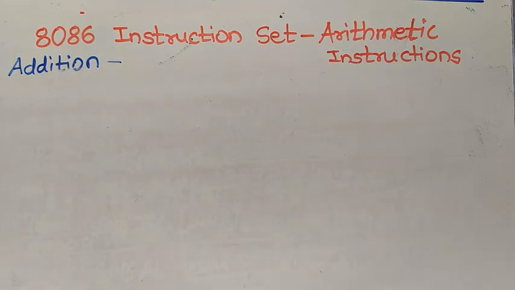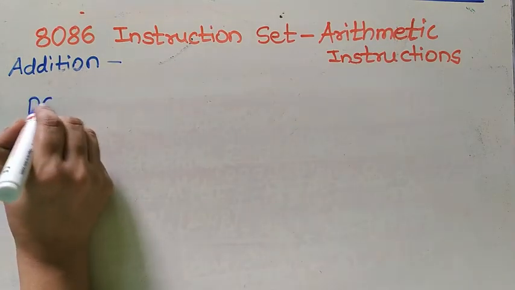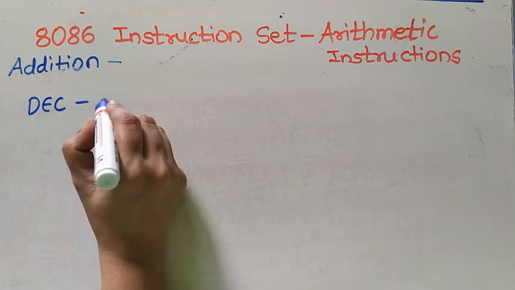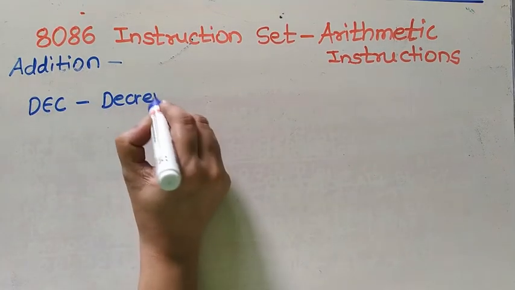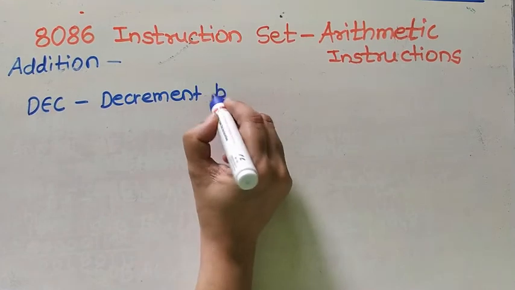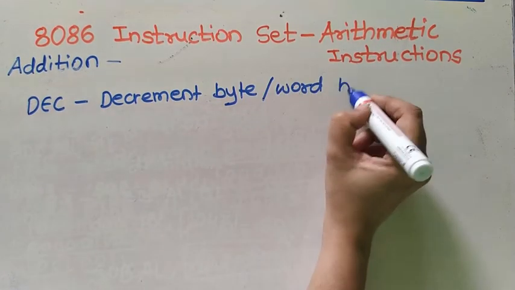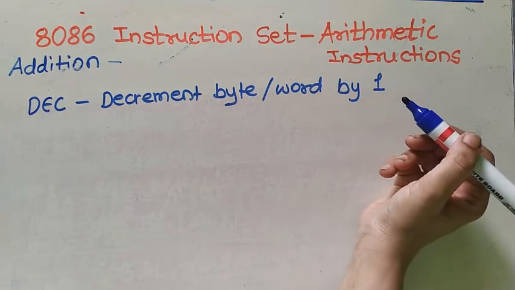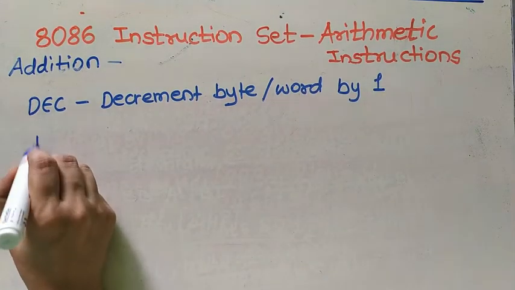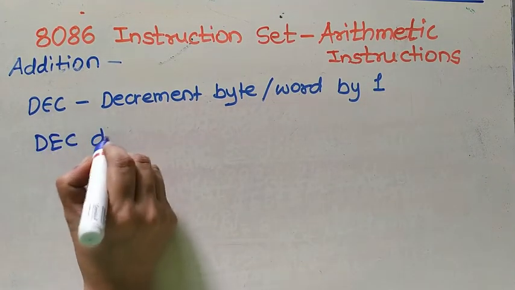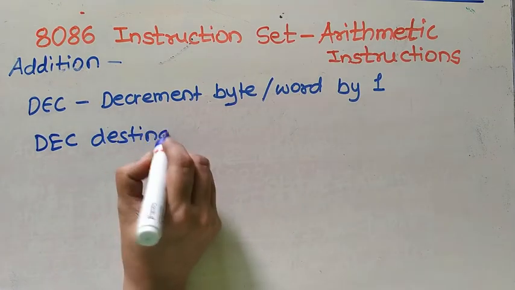Next instruction is DEC, that is decrement byte or word by 1. Like INC, here it is DEC. Mnemonic is DEC destination.